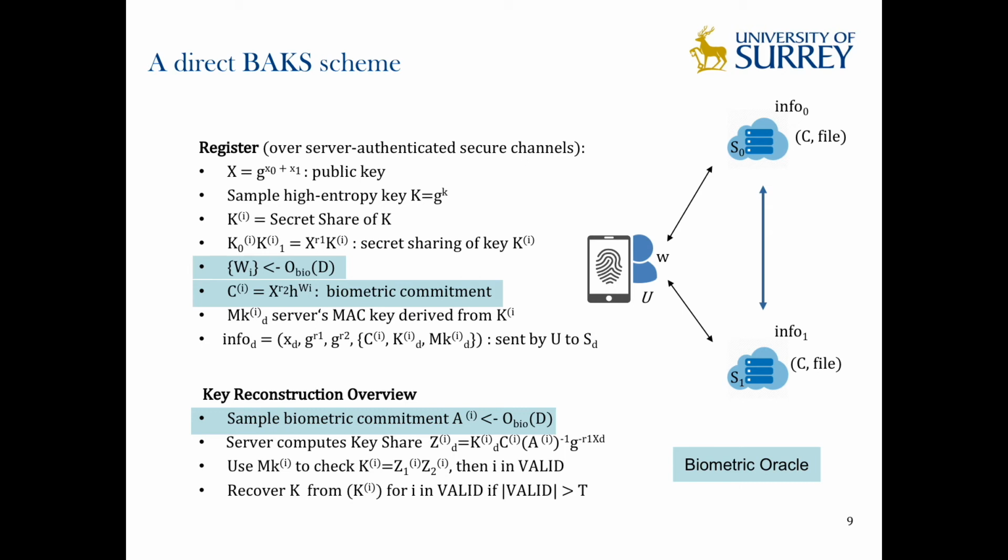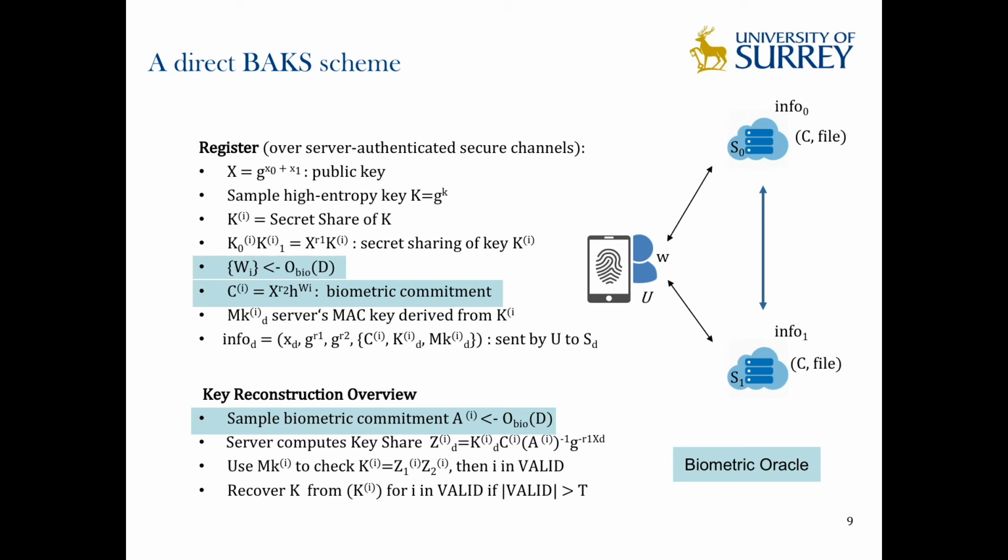The registration process generates discrete log keys for each of the servers S0 and S1, where the secret exponents are X0 and X1 respectively. It computes the shared public key as a product of these.